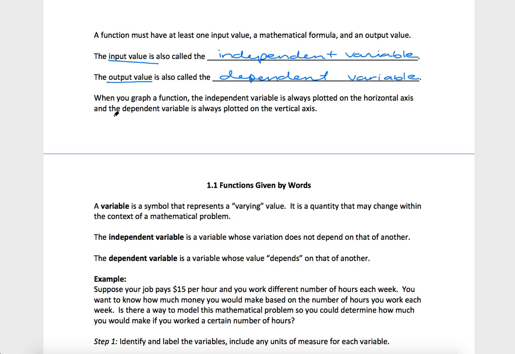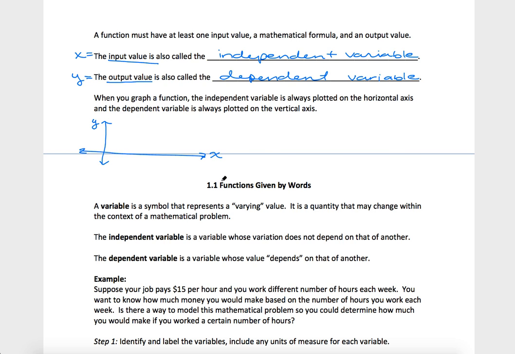Okay, and it's nice to remember which one is which, because when you start graphing these functions, usually we graph on an xy plane, okay, and we usually think of our x-coordinate as the horizontal axis, and our y-coordinates, we graph them on the vertical axis, right? But you can think of x as your input value and y as your output value.